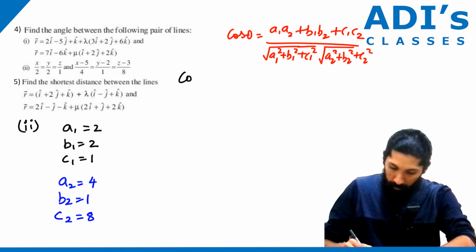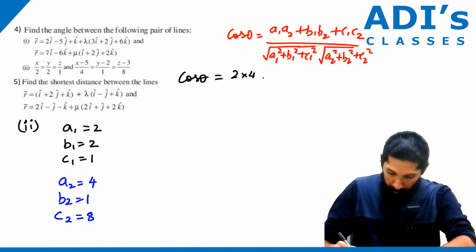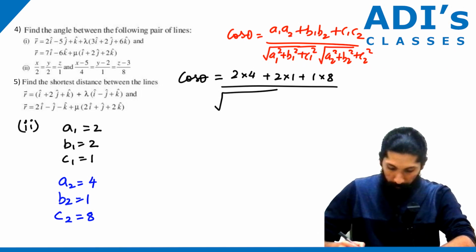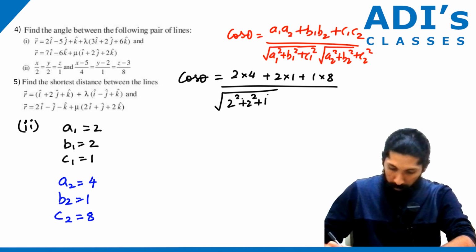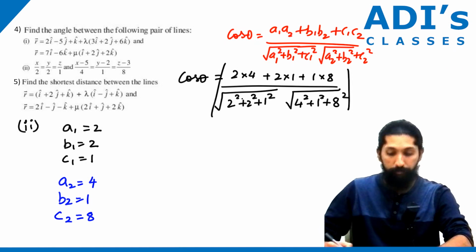Cos theta is equal to 2 into 4 plus 2 into 1 plus 1 into 8 by root of 2 square plus 2 square plus 1 square into root of 4 square plus 1 square plus 8 square. Correct?